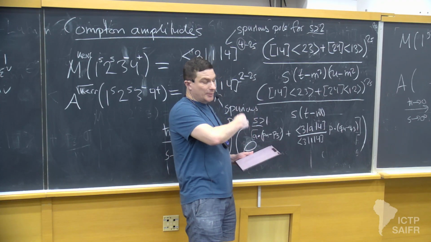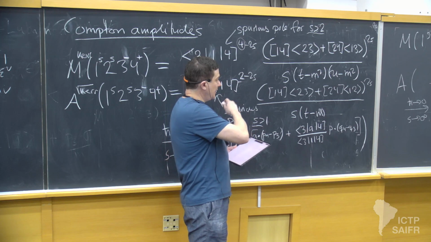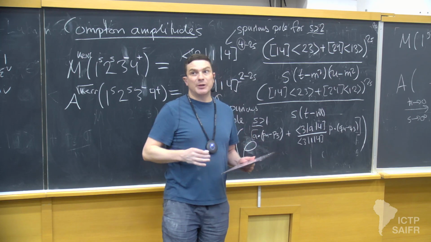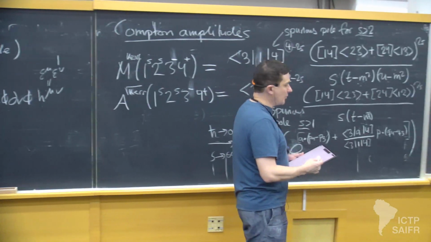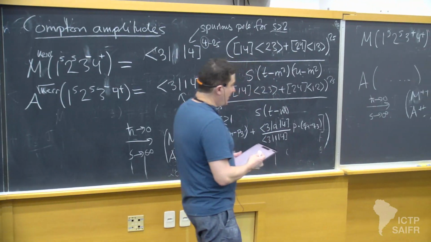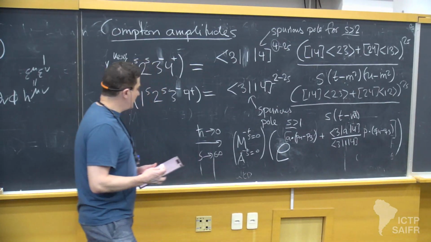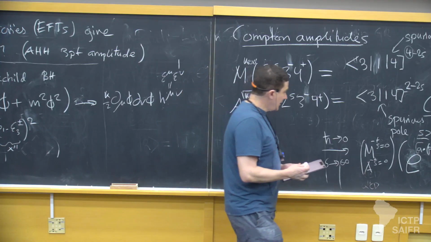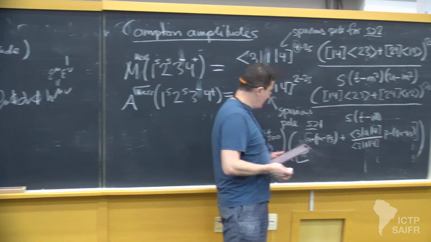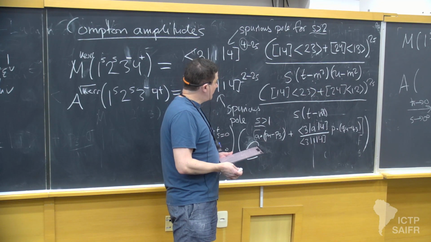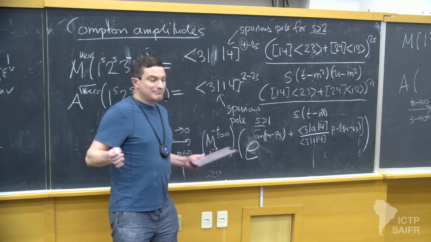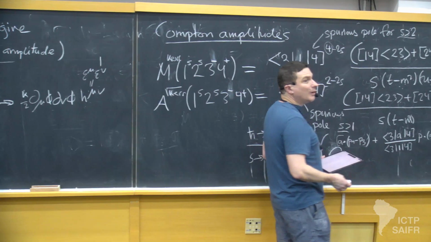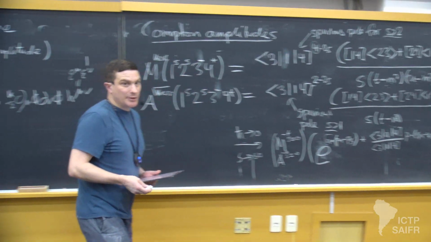So you can go up to spin 2 in gravity and double copy is happy, but once you get to spin 5/2, the double copy does not quite work. This might not be so well known, but it has been stated in the literature a couple of times. And this is irrespective of which contact terms you add. As long as you get rid of the spurious pole, there's a small breaking of the double copy.